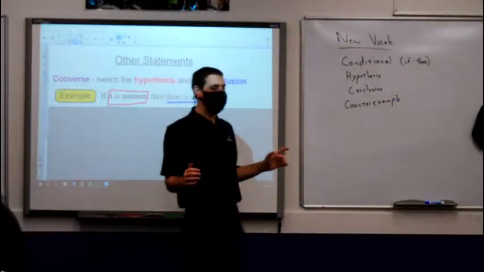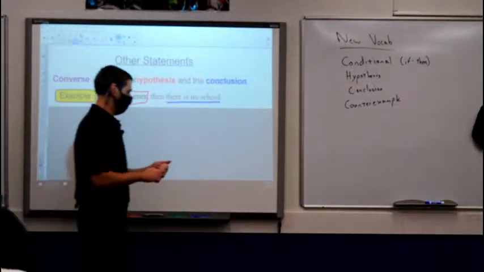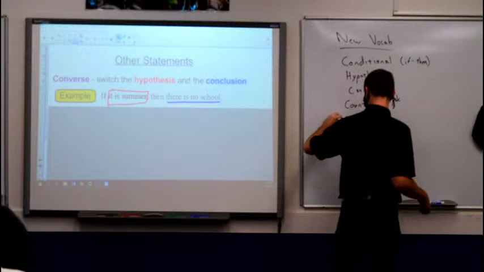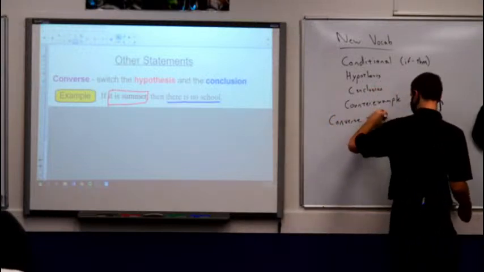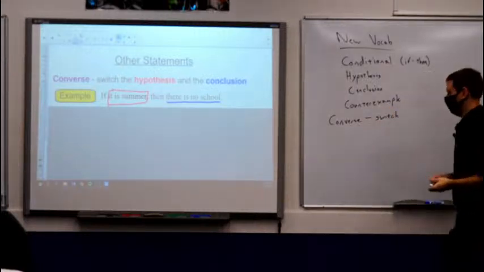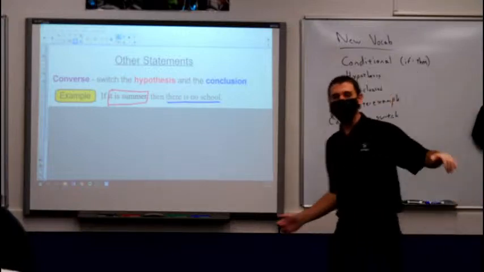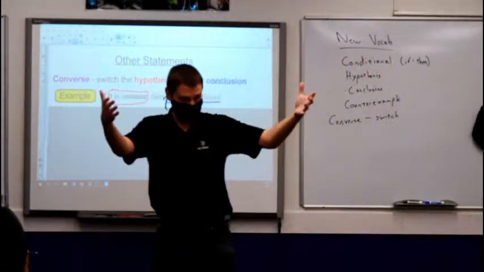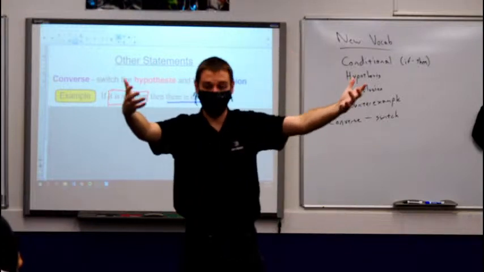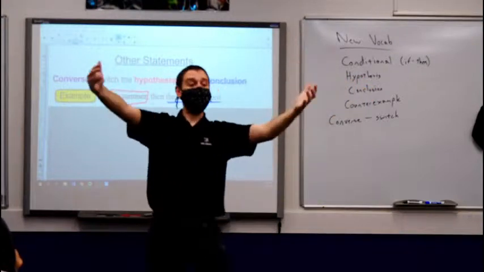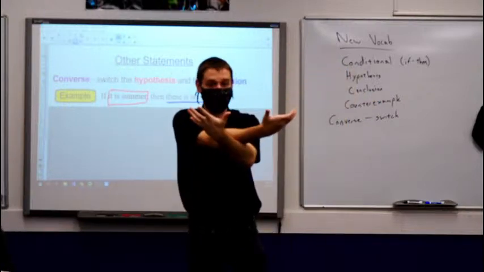So the first type of statement that we are talking about is the converse. For the converse, we are basically taking the if-then sentence we have. So we have this if and then structure. And we are taking the hypothesis and conclusion and we are switching them.